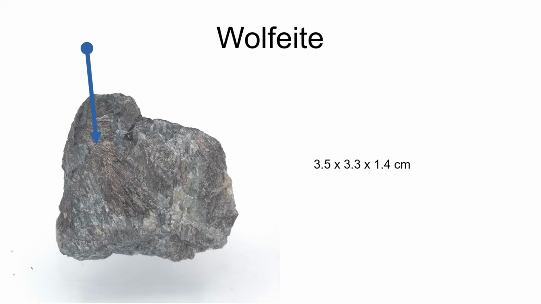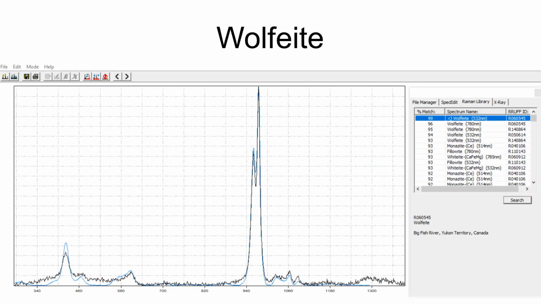The wolfeite is indicated with the arrow, whereas the marićite is more gray or colorless and comprises most of this nodule. Here is the Raman spectra for that sample of wolfeite, showing good correlation with, again, a reference sample from Big Fish River.